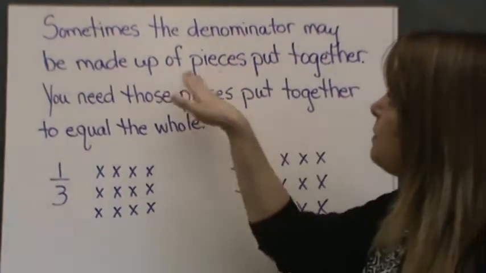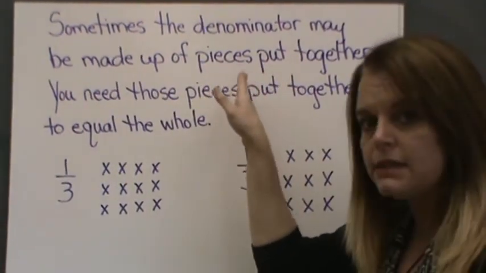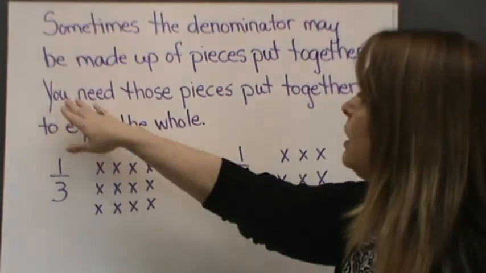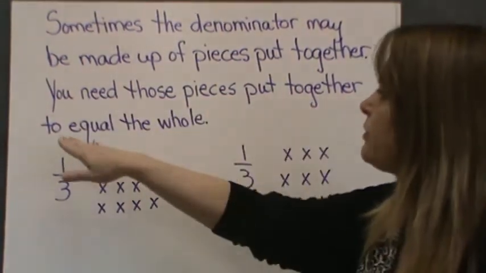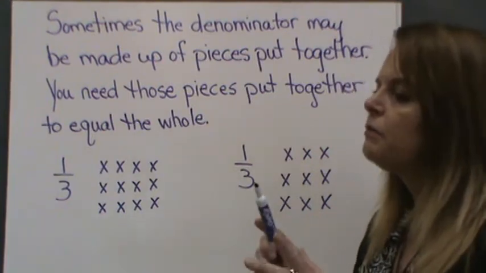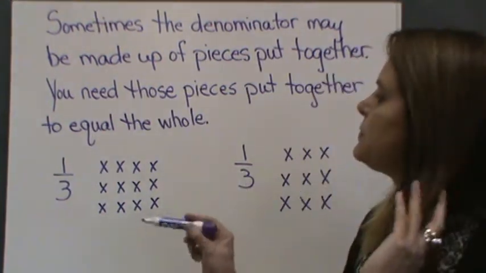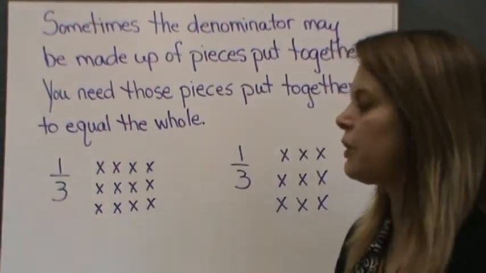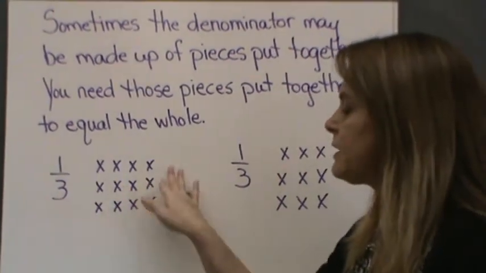Sometimes the denominator may be made up of pieces put together. You need those pieces put together to equal the whole. Now this can get a little confusing, so watch for the examples. My fraction is 1/3, and I have all of these x's.